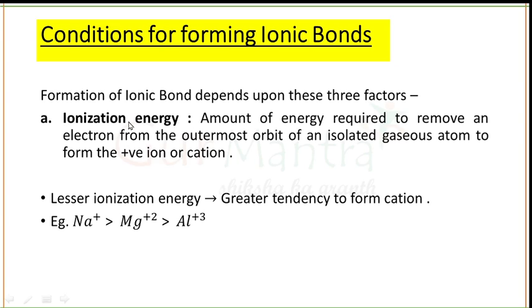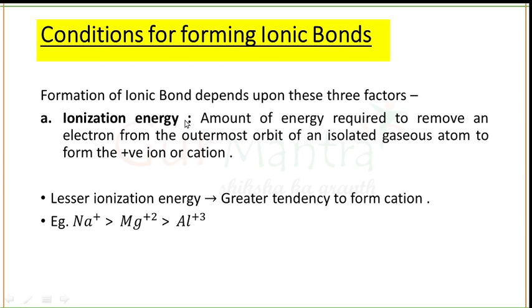As you know, in the previous lecture we learned about ionization energy, that is, the amount of energy required to remove an electron from the outermost orbit. The energy which is required to remove an electron from the outermost orbit of a particular atom is called ionization energy.